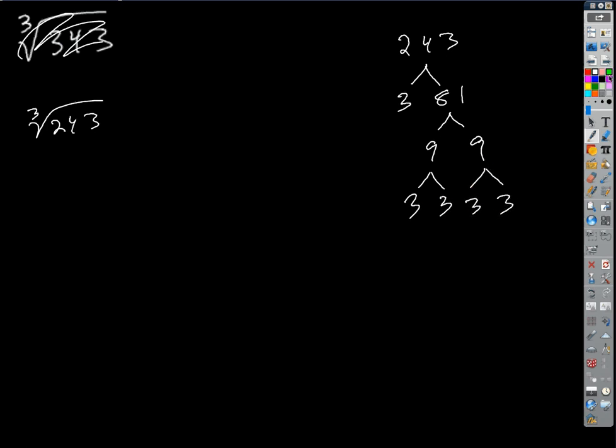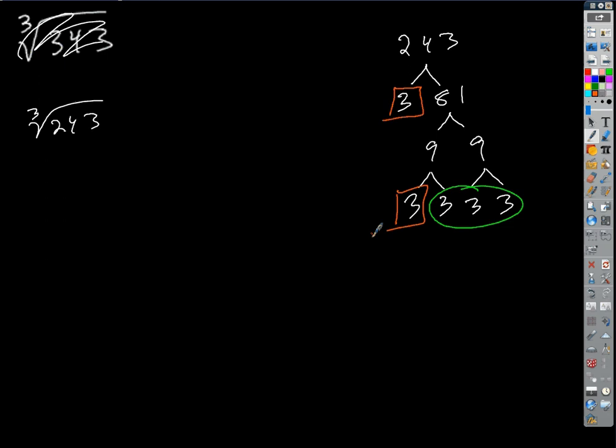Okay, so look what we get here then. We get a triple of 3's, and then left over we get a 3 and a 3, right? So now our new rule for cube roots is going to be triples go out, everybody else stays in. Well, what would it be if I was taking a 4th root?